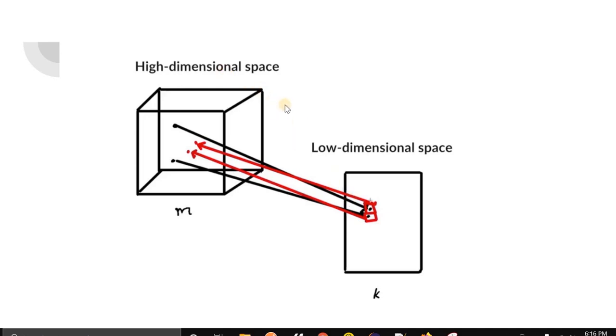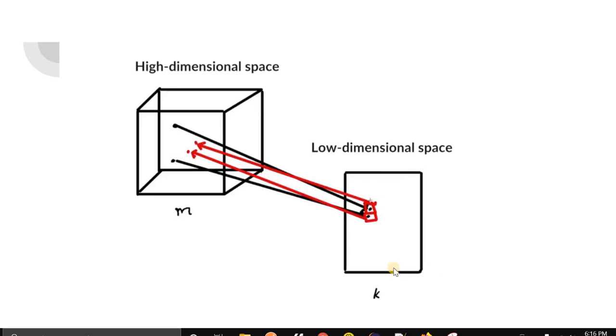So what we are trying to do here is, suppose there are two vectors which I am pointing at here, 1 and 2. I am trying to project these vectors to a lower dimensional space. Say you take a 3D object and beam a light on it, then the shadow of the object will fall on a two-dimensional screen.